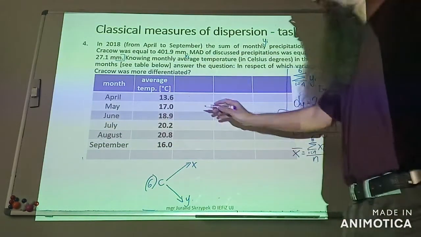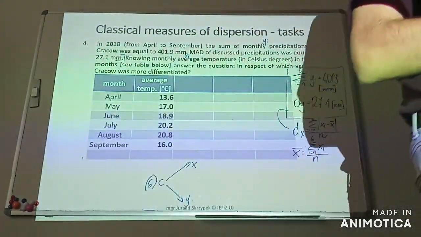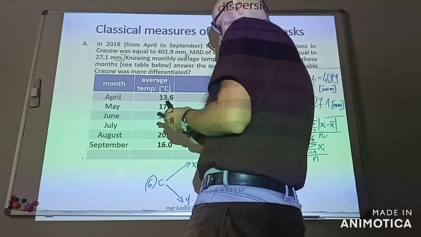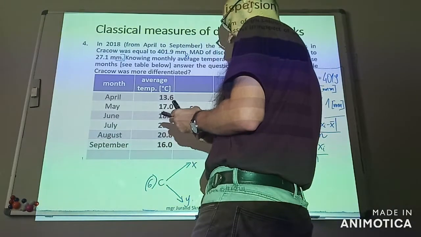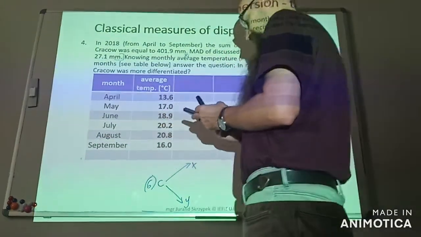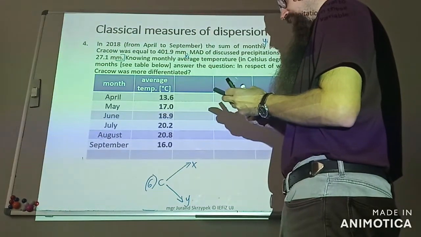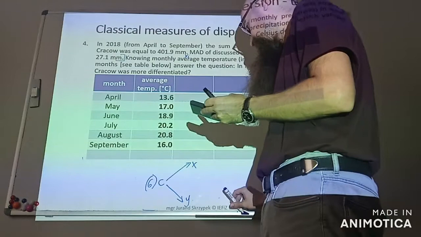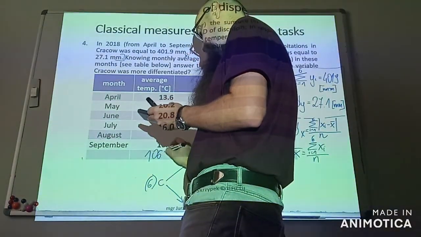So I should sum up that column: 13.6 plus 17 plus 18.9 plus 20.2 plus 20.8 plus 16, and the result is 106.5.